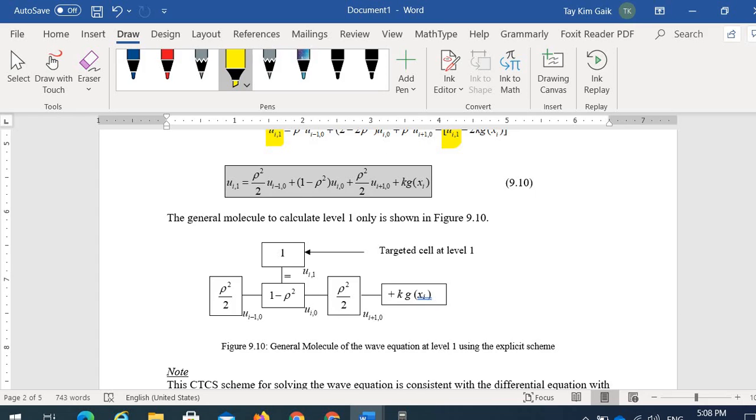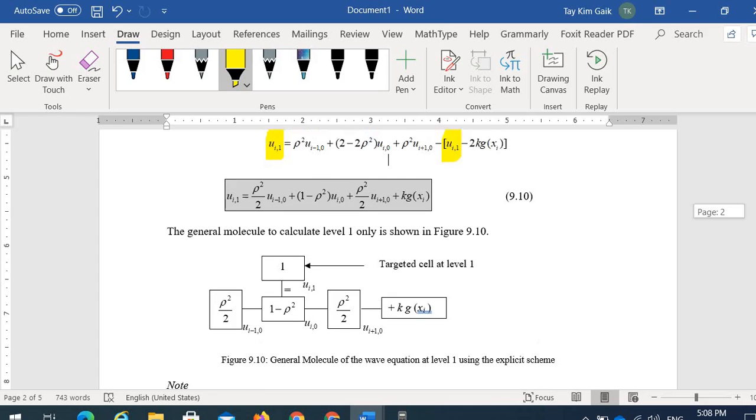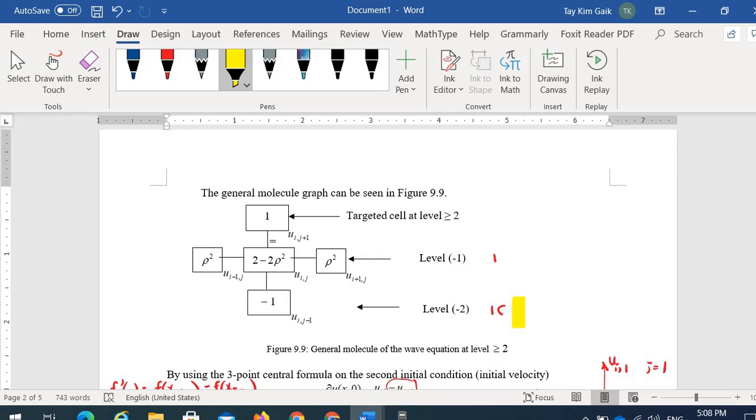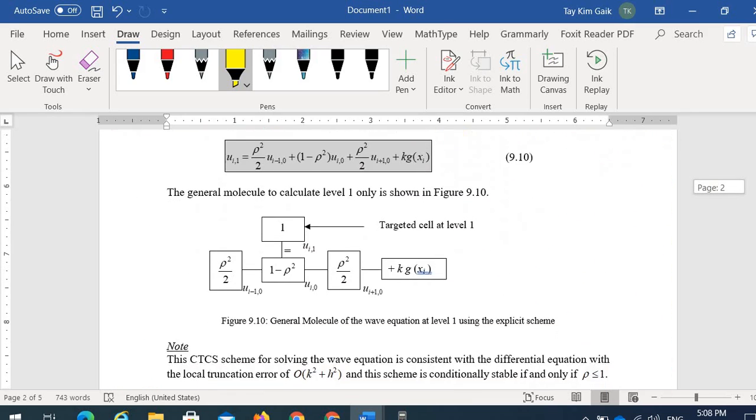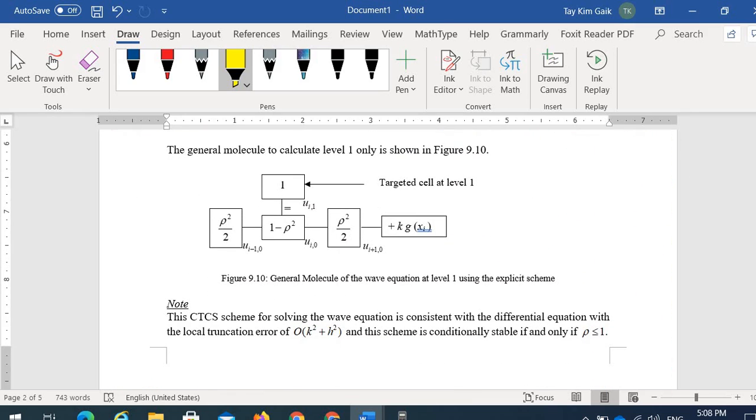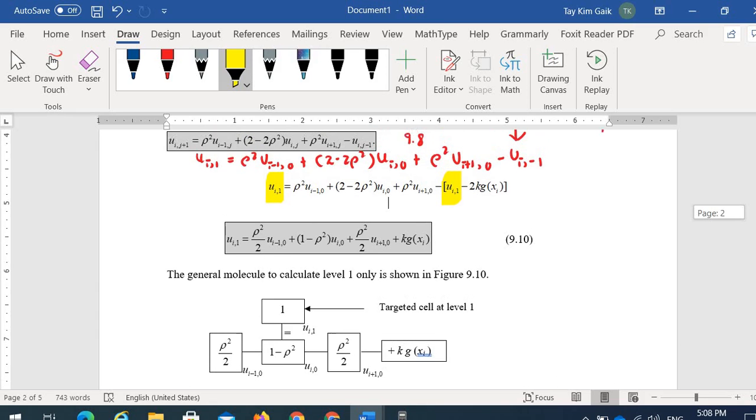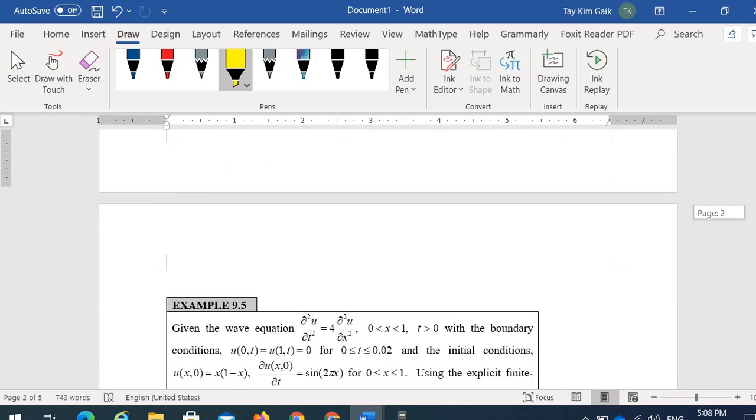So once level 1 is solved using the initial condition and the initial velocity, then you can solve level 2 onward using this 3-level scheme. So the 2-level scheme is only for level 1, because it's obtained using the initial velocity.